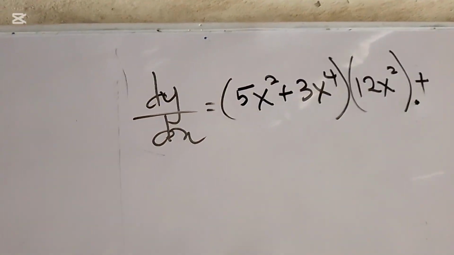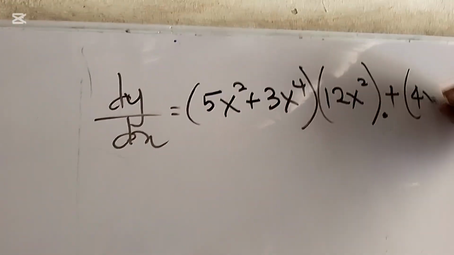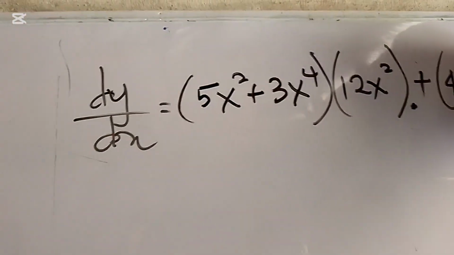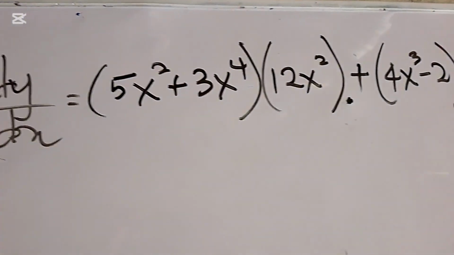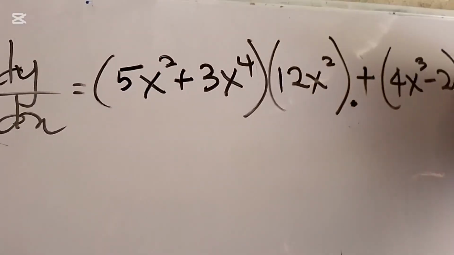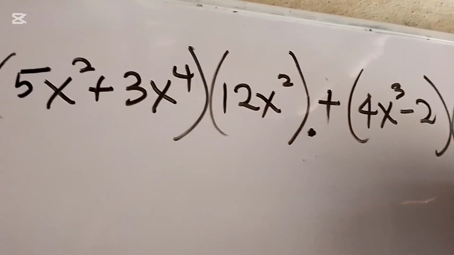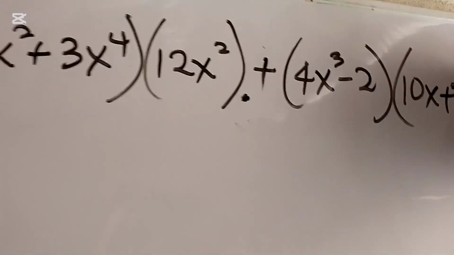Then added to u, our u is 4x to the third power minus 2, multiplying our v, which is 10x plus 12x to the third power.